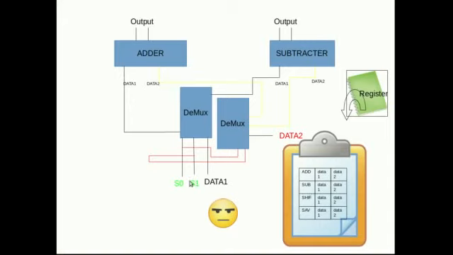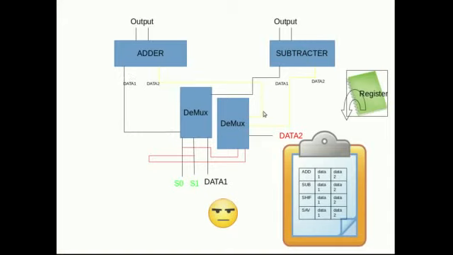Because there are two switches S0 and S1, there are four possibilities, and as we will see shortly, you can direct the input, data 1 and data 2, to four different circuits. So the first thing was the addition, so he applied 0 0 and data 1 went into the adder, and data 2 went into data 2 here.